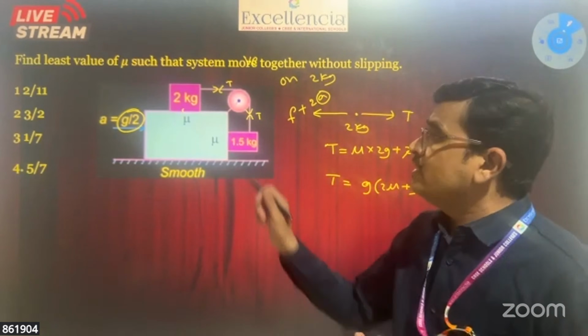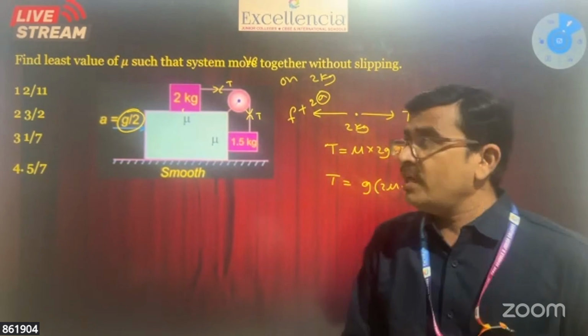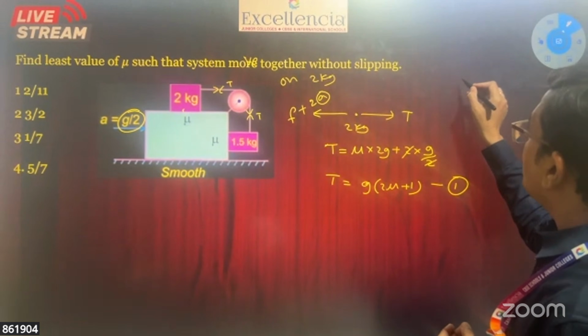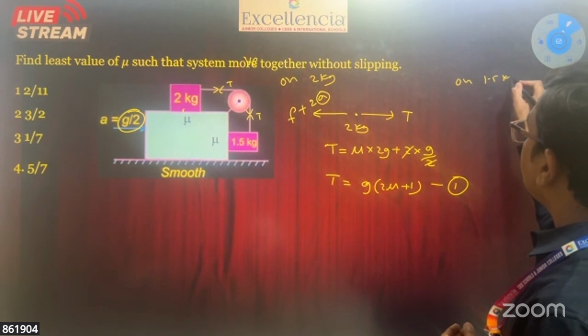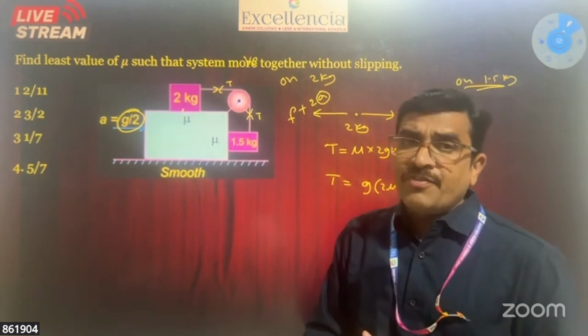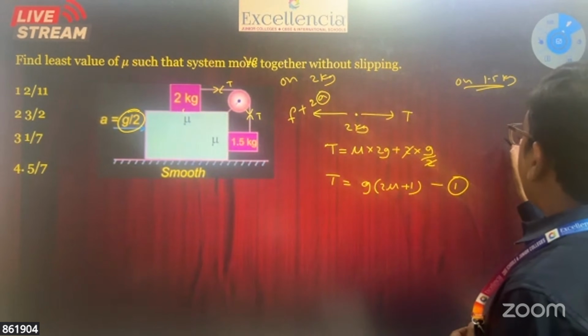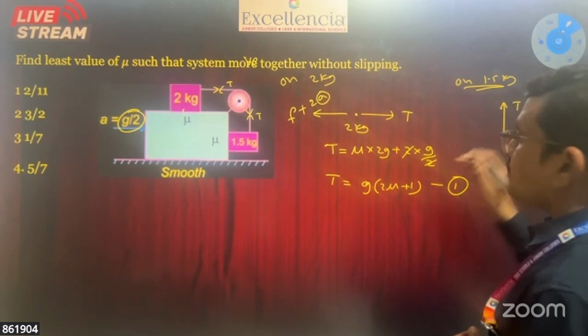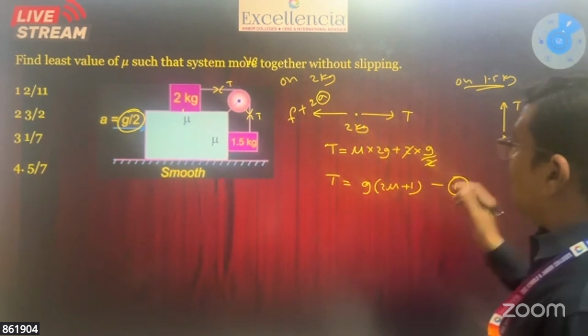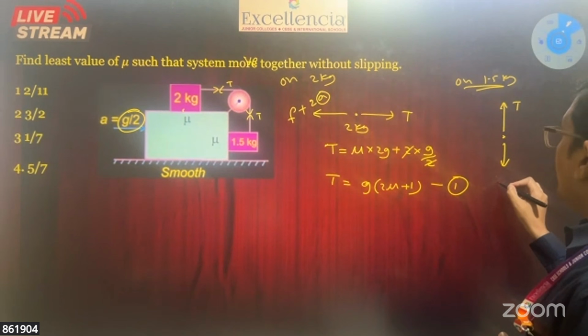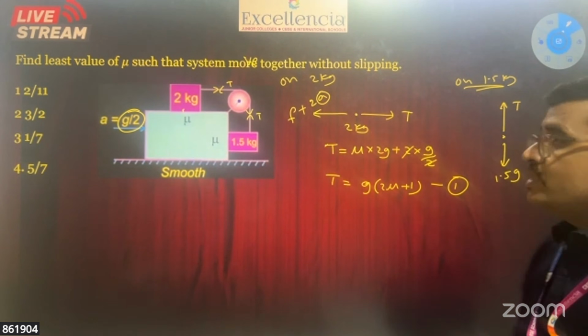Simultaneously, I'll also consider the 1.5 kg mass. If I take the free body diagram on 1.5 kg, it is acted upon by tension T in the upward direction, and weight 1.5 g downwards.